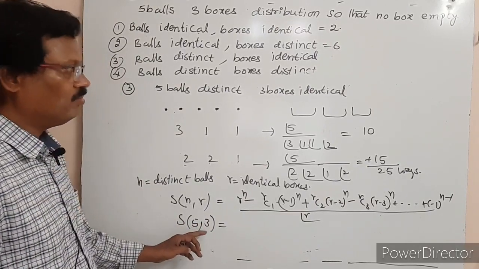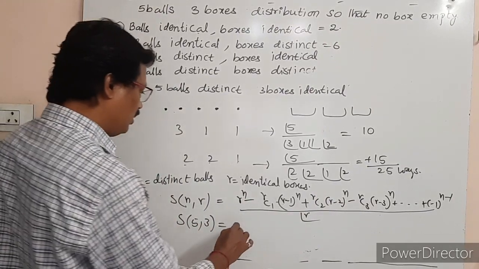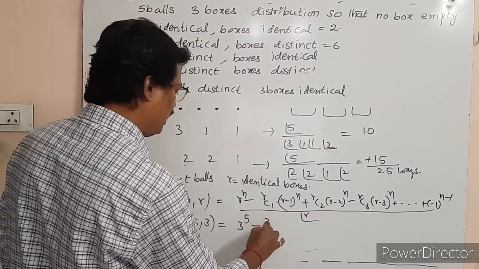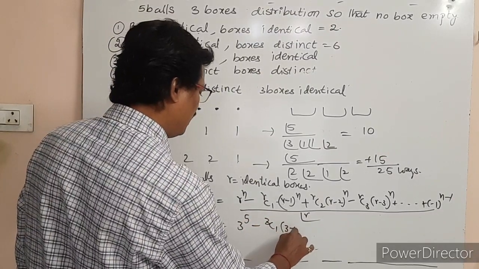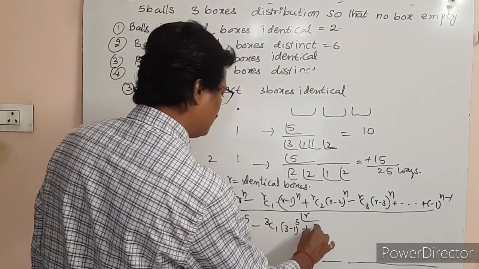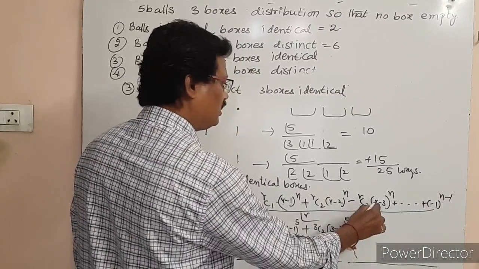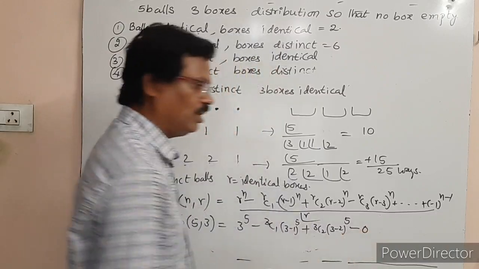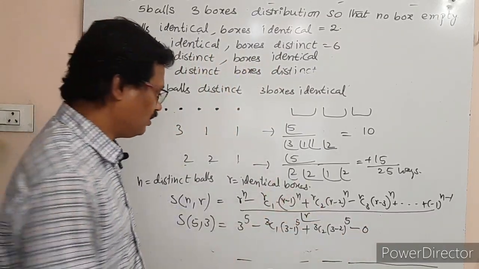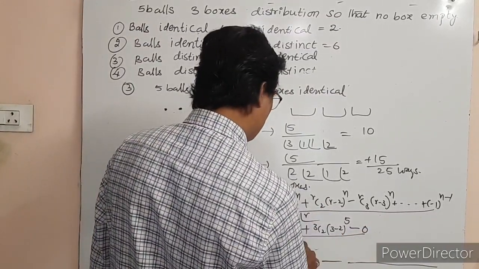Balls distinct, boxes identical. Now there is 3 power 5 minus 3C1 (3 minus 1) power 5 plus 3C2 (3 minus 2) power 5 minus 3C3 (3 minus 3), which will be 0. There is expansion up to 0, divided by 3 factorial.